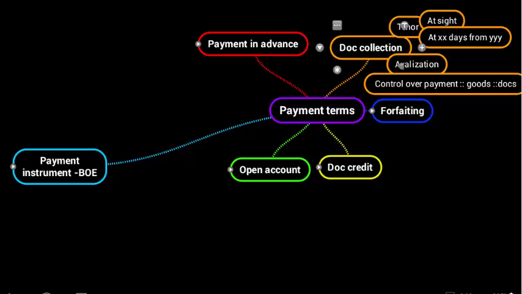So, under documentary collection, banks do not have any other role to effect payment but to collect and present. So, there is a chance that the supplier will lose his money.